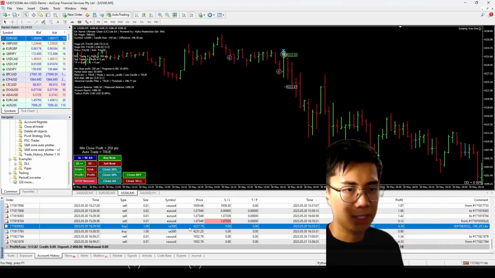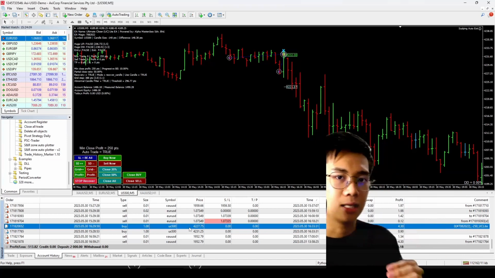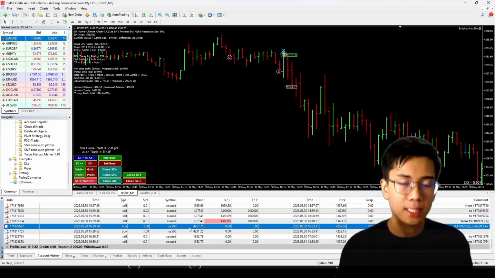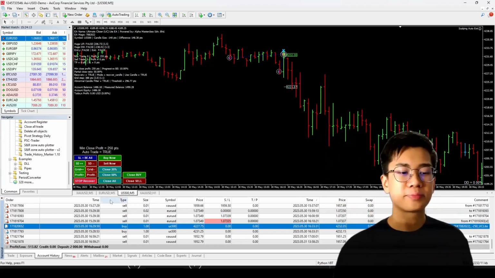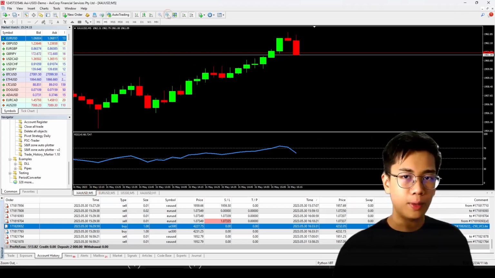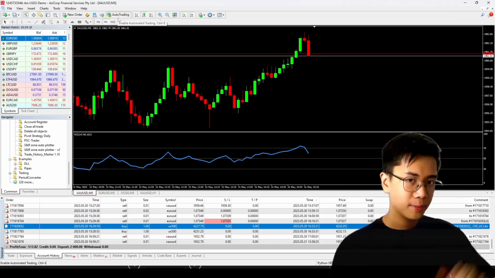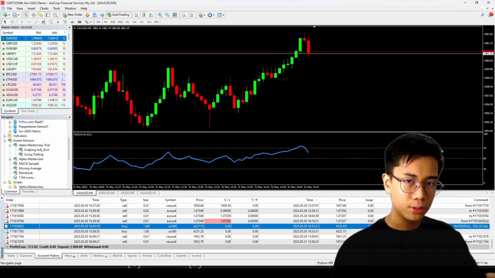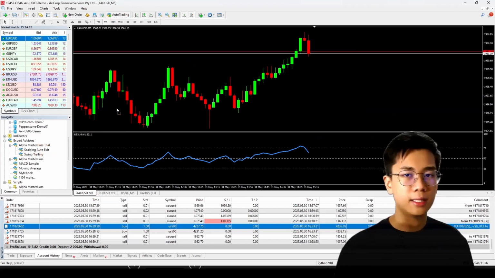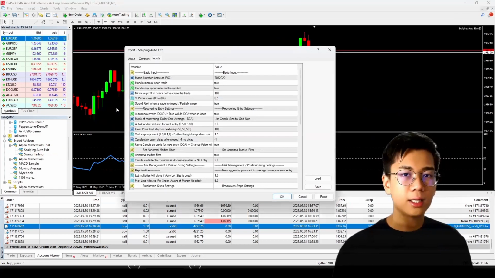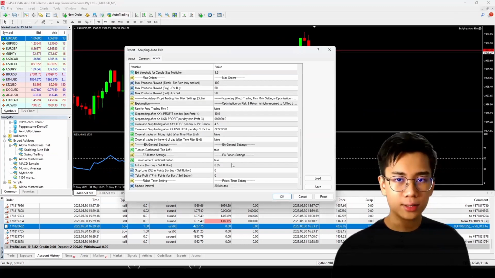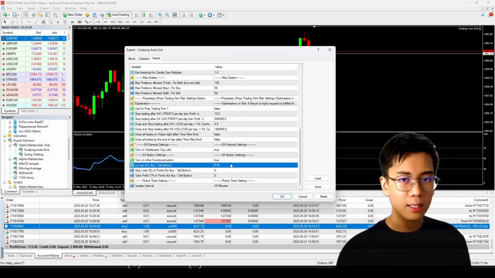These two robots are not going to open the first trade, so the way to use the robot is: number one, auto trading enabled. Number two, drag in scalping auto exit. Number three, set the right lot size first. Then click OK.